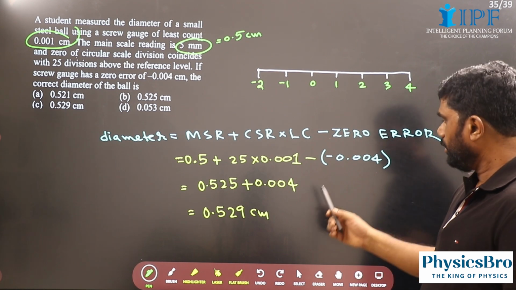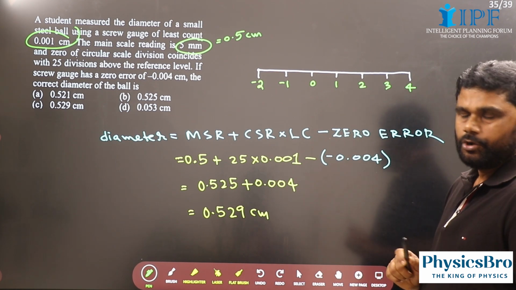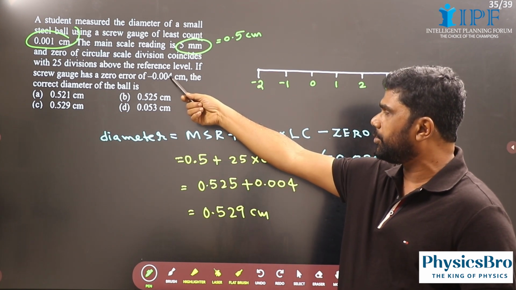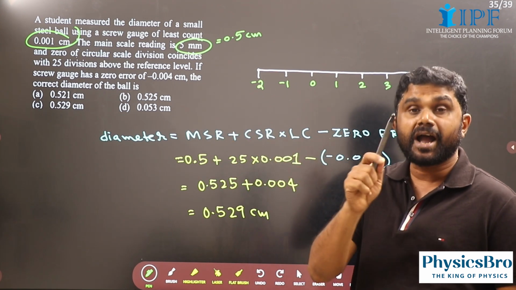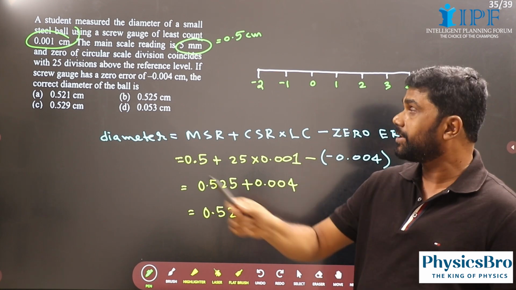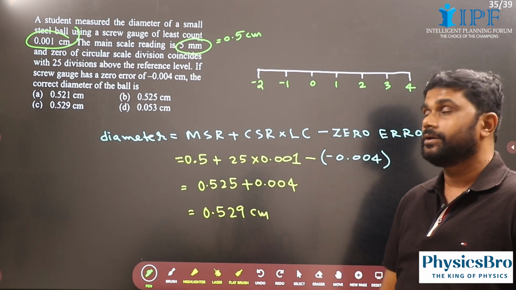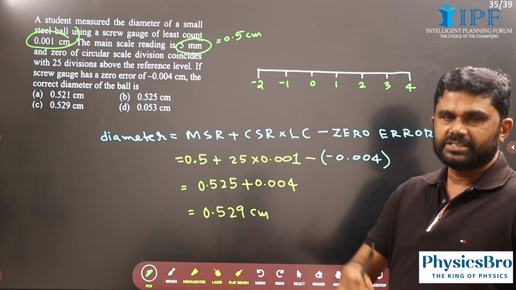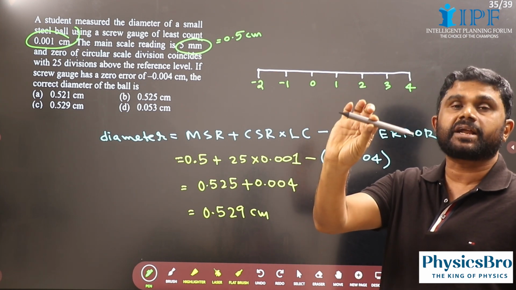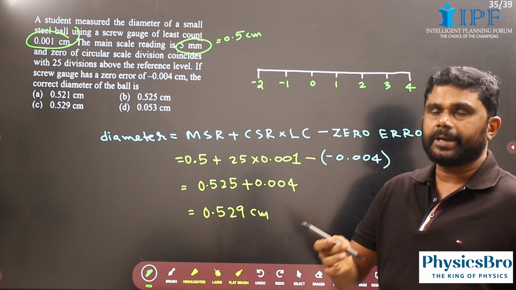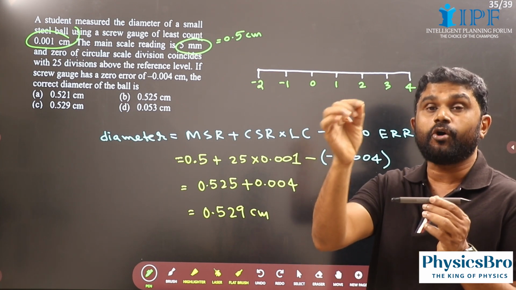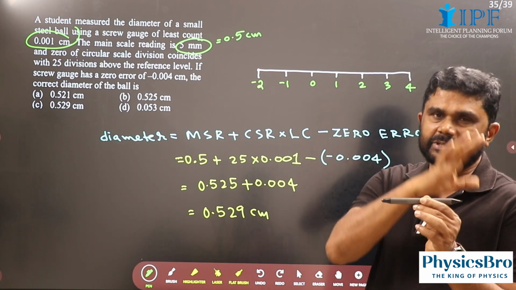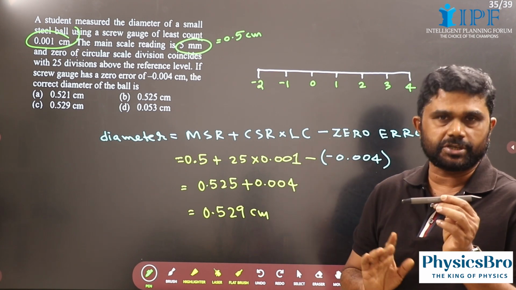Now let me explain this zero error. Zero error of minus 0.004 means we have started the measurement from minus 0.004. Suppose the length of this marker is 3 units. If I keep the 0 of my scale at this end, then at the other end the reading will be 3, and its length is 3 units.